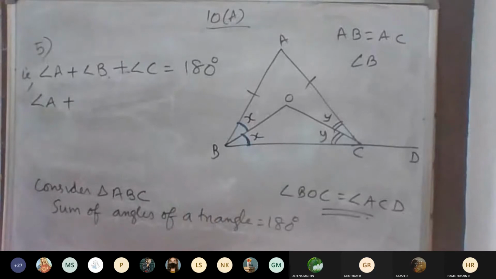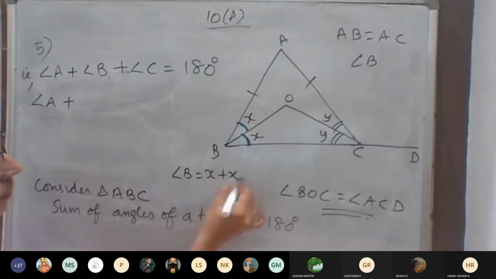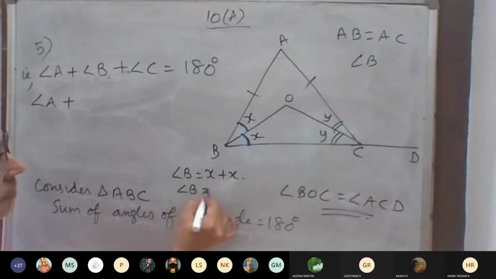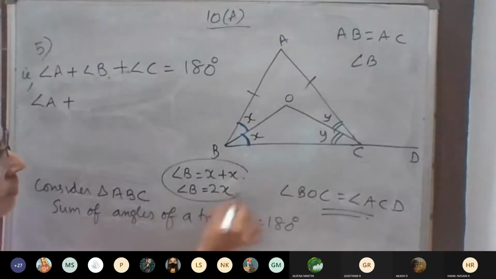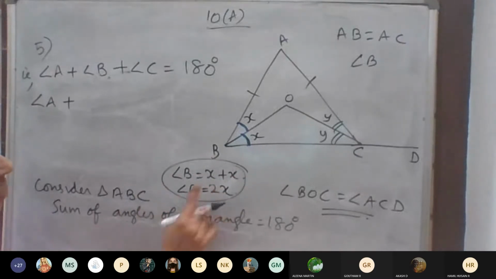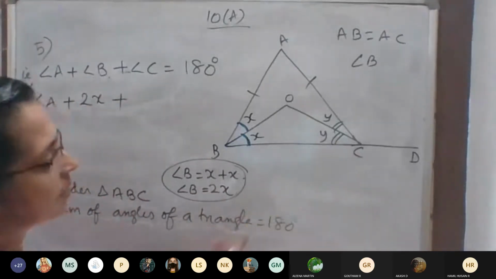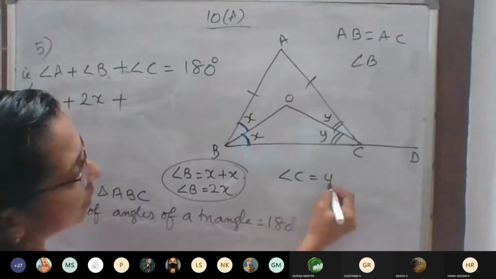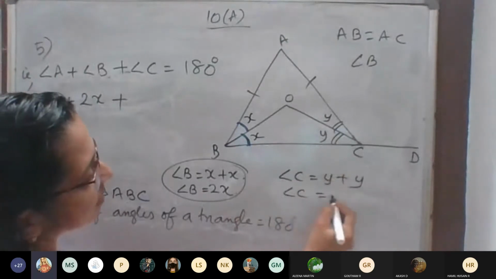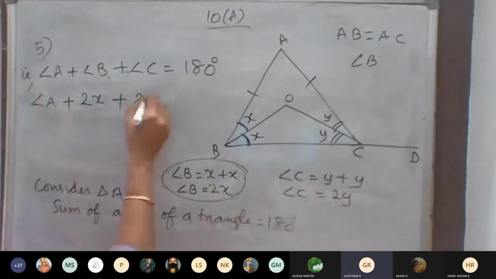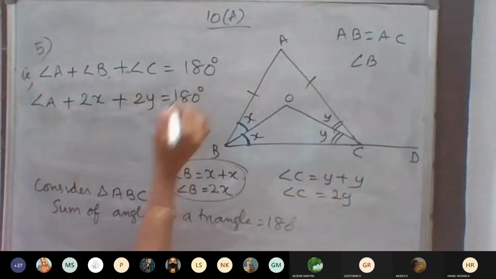Angle B is x plus x, that is, angle B is equal to 2x. Okay. Write in the working column. Same way, what about angle C? Angle C is equal to y plus y, that is, angle C is equal to 2y.